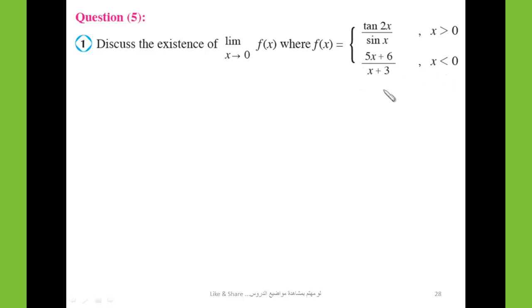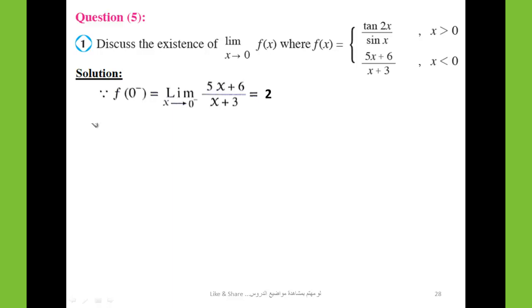We want to discuss the existence of the limit, whether it exists or not. The limit exists when the limit from the right of 0 equals the limit of f of x when x is less than 0. So we calculate it. Solution.